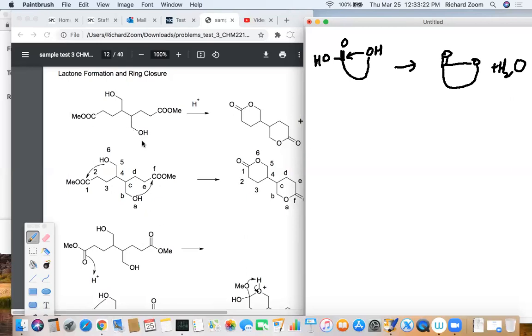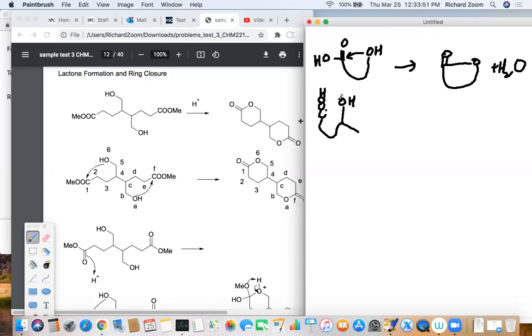So in this situation, we're looking at what I'm calling a separated ring system, because the OHs that are closest to the carboxylic acid groups are the ones that are doing the business here. So I'm not going to show the whole ring here.